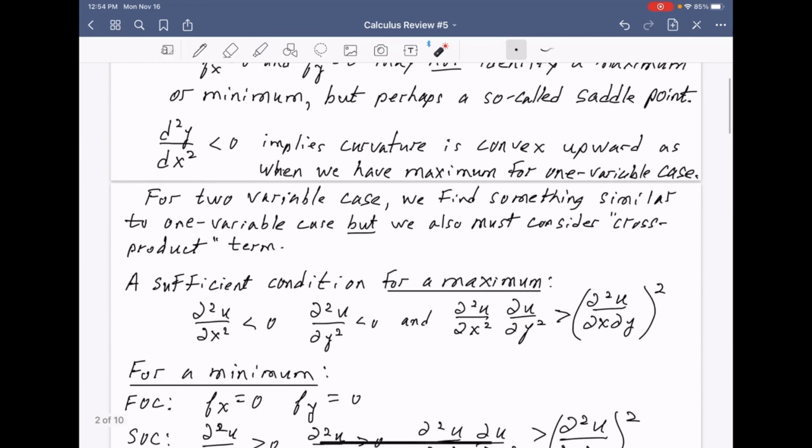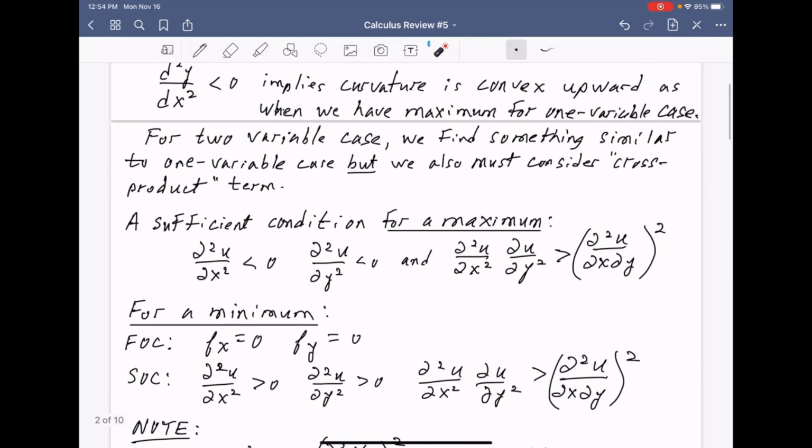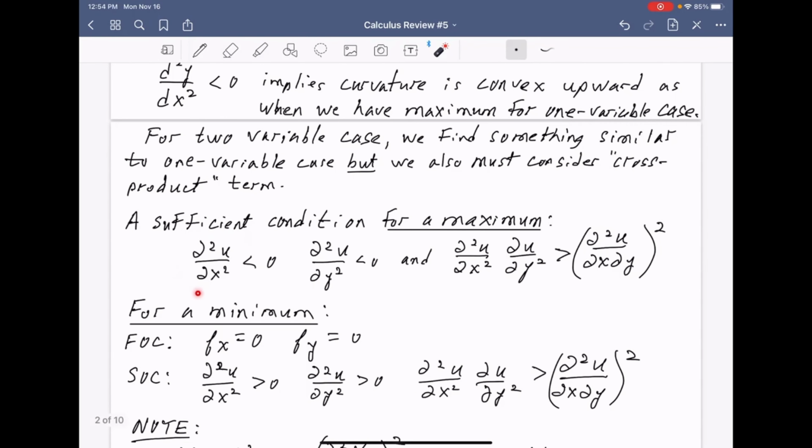A sufficient condition for a maximum, then, is that the second partial derivative of the utility function with respect to x is less than 0, and that the second derivative of u with respect to y is also less than 0.